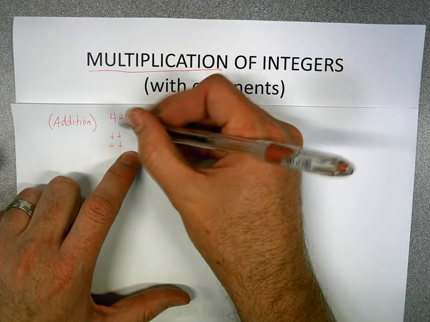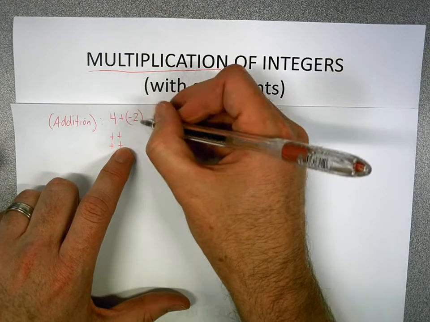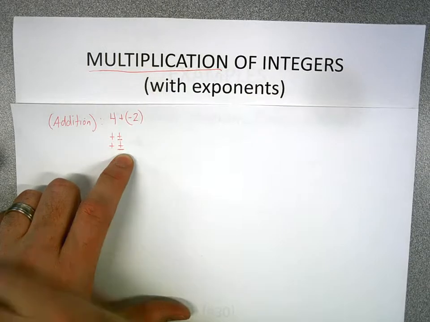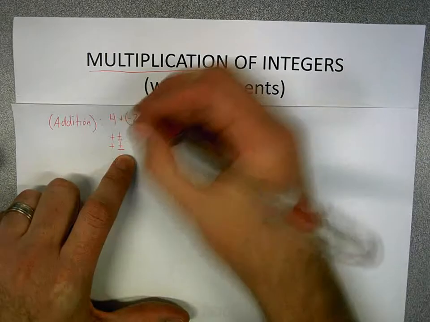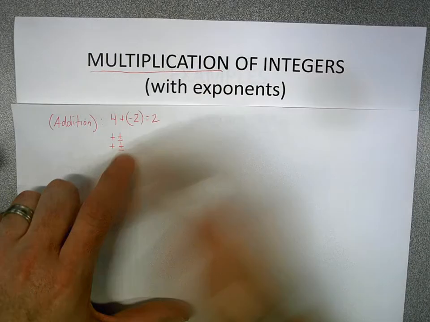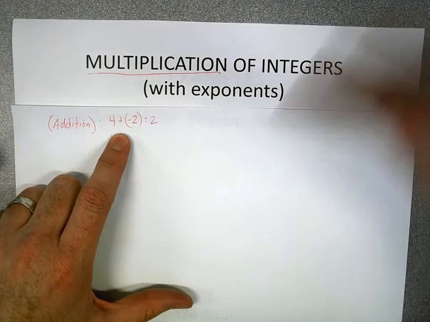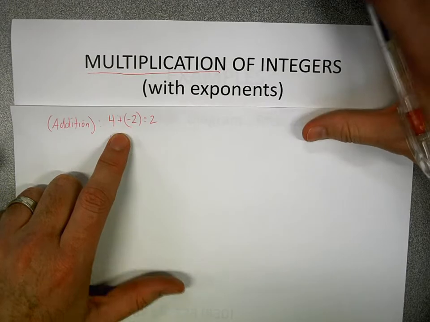Remember how we talked about addition is putting more in this area, so that of course is 2 negatives, so we'd put more down. Of course that would be a positive 2 left over, but the whole point is that addition is just putting more on or putting more in, depending on what you're talking about.